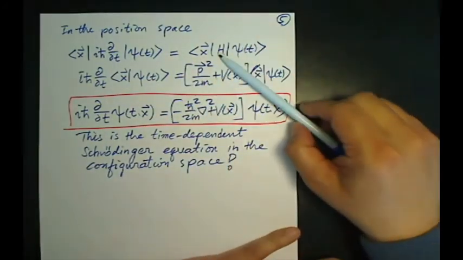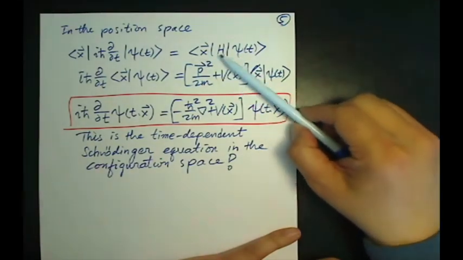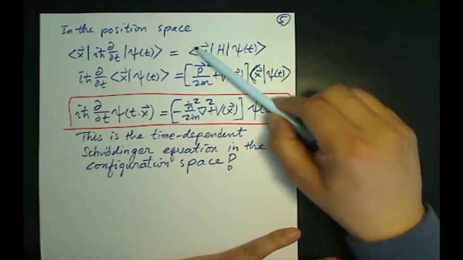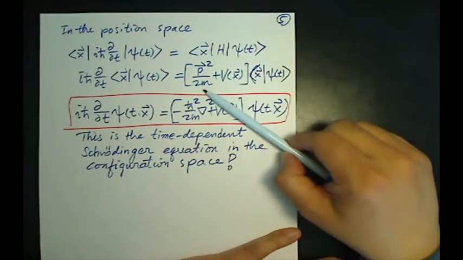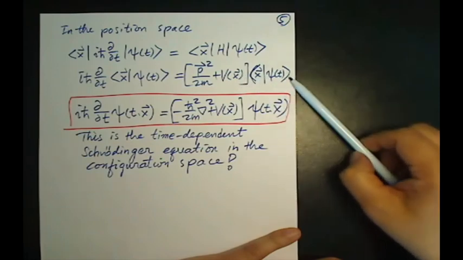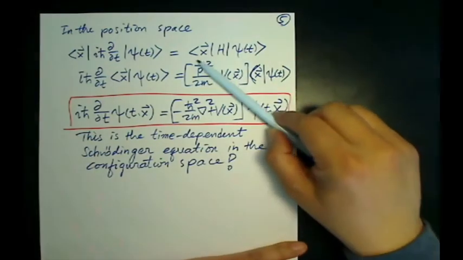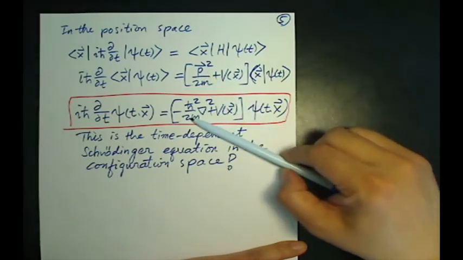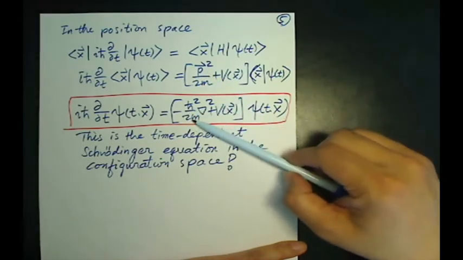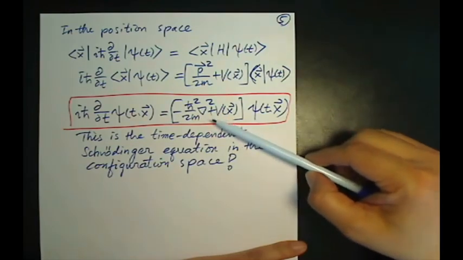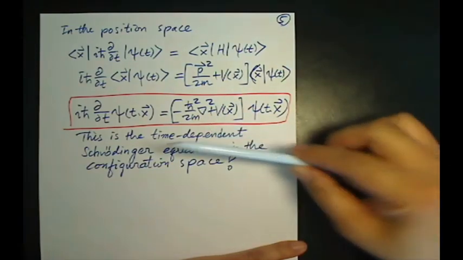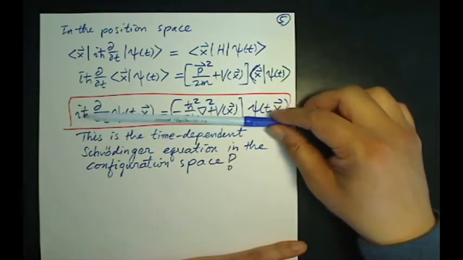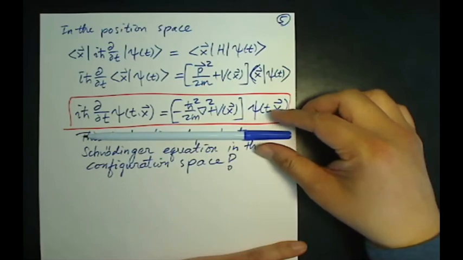On the right side, if we carry out the calculation in the configuration space, the Hamiltonian is replaced with the operator with kinetic energy and potential energy acting on the wave function. And because P is an operator in the configuration space, we can replace this with minus h bar squared over 2m del squared plus the potential energy. This is the explicit form of the time-dependent Schrödinger equation in the configuration space.